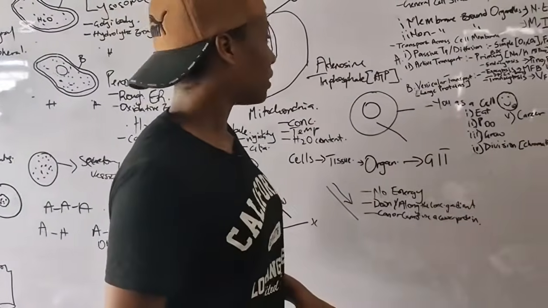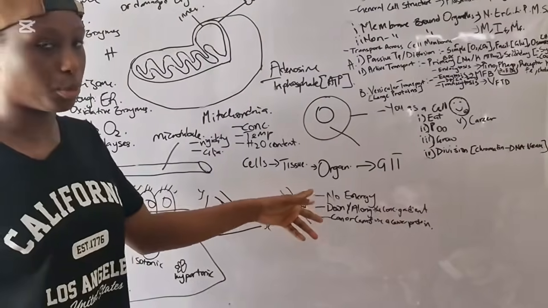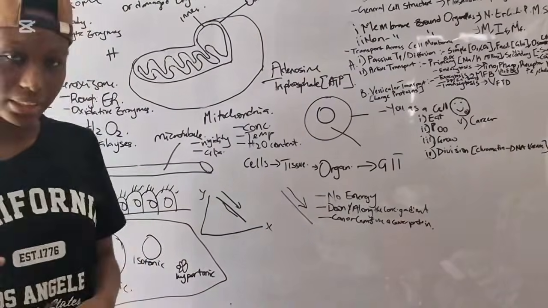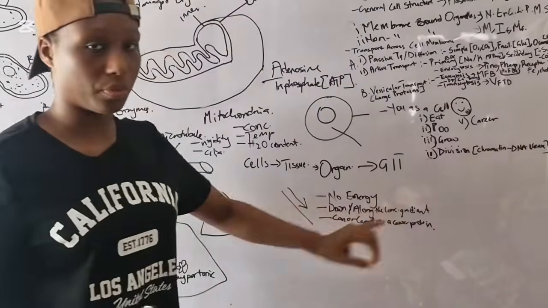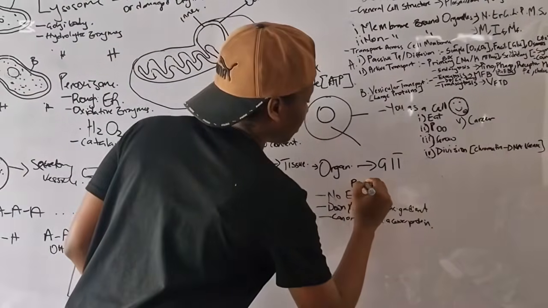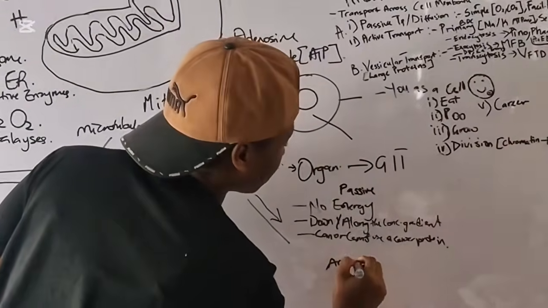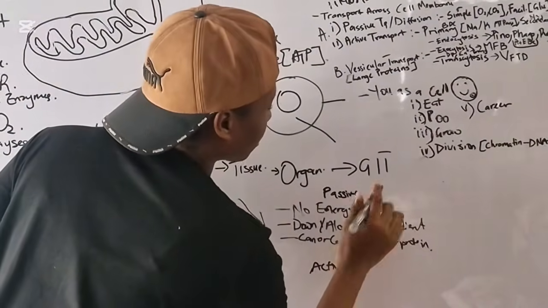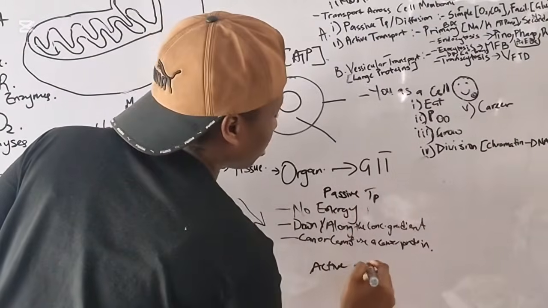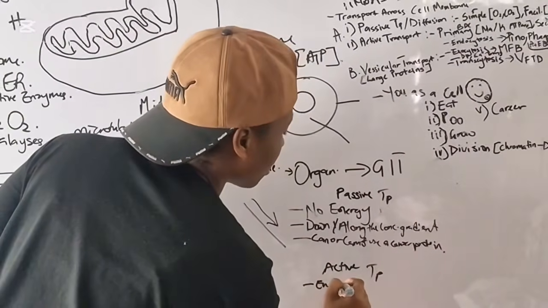So active diffusion, now let's go back to these three key things that I spoke on earlier. So this is for passive, and then this is for active transport. Number one, there's going to be use of energy.